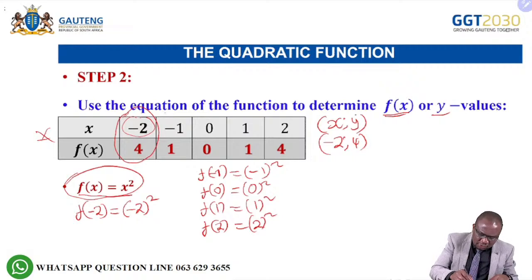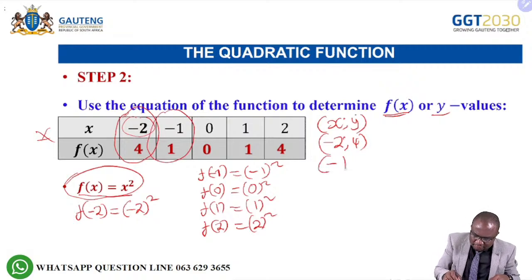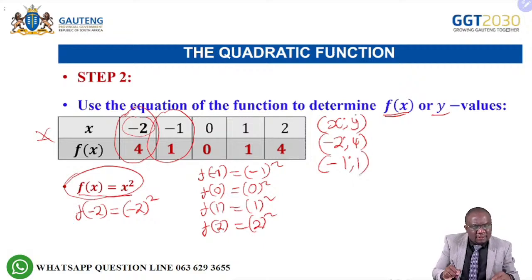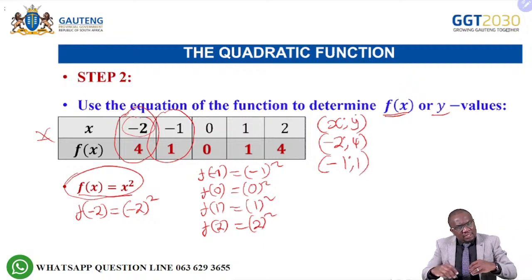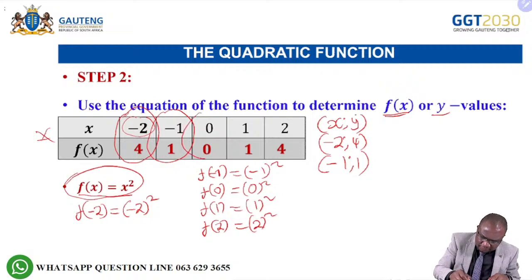We come to this one, ordered pair -1, 1. The input value is -1, the output value is 1. X is -1, y is 1. We come to this one, 0, 0.